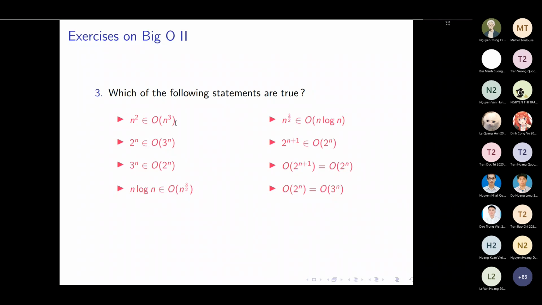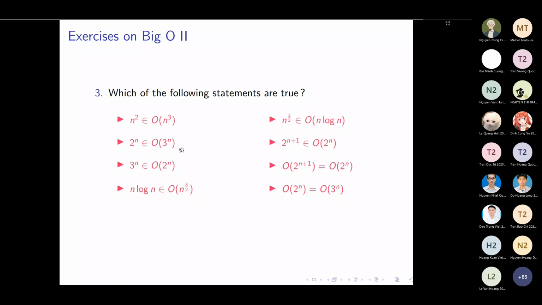For the first question, I say true because n squared is always less than or equal to n cubed as n is greater than 1. And in this case, I choose C equal to 1. So there exists C satisfying n squared less than or equal to n cubed. Okay, yep, that's right.